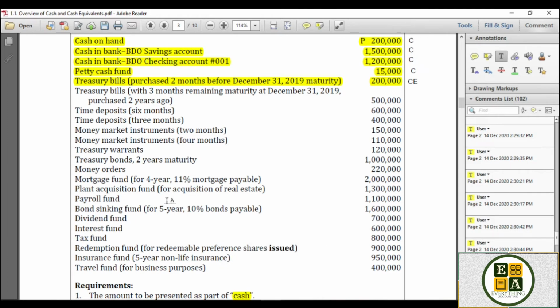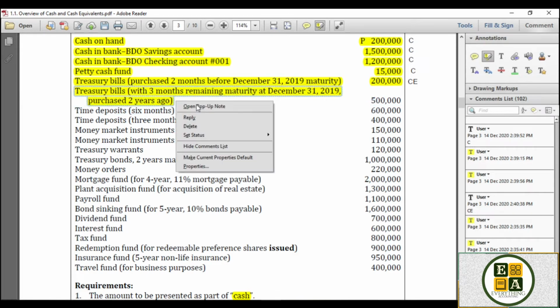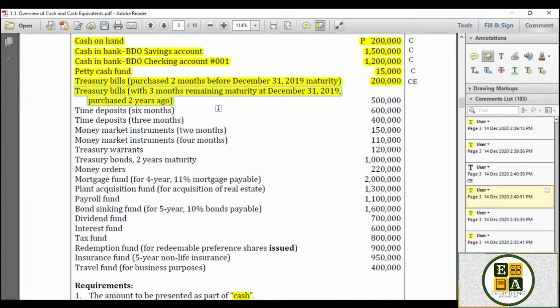Next we have another treasury bills. Ano yung description ng treasury bill na yan? 3 months daw yung remaining maturity. December 31, 2019. Pero pinurchase natin siya 2 years ago pa.